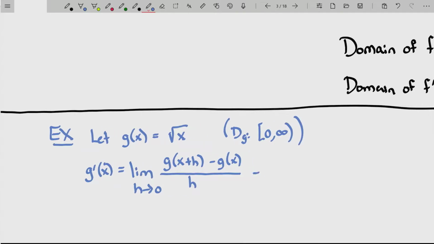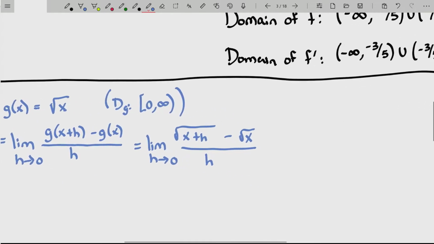So let's plug in: limit as h goes to 0 of the square root of x plus h minus the square root of x, all over h. Oh, this is a great example because if you take a look at that, algebra before calculus, you cannot do a direct substitution. You get 0 over 0 here. So algebra before calculus, we will multiply both numerator and denominator by the conjugate.